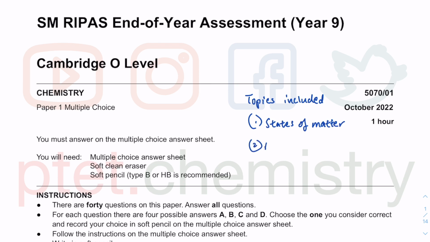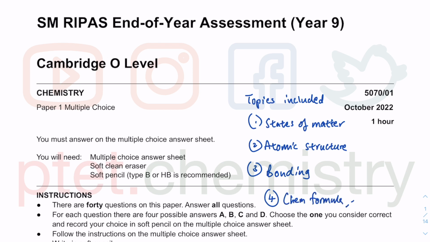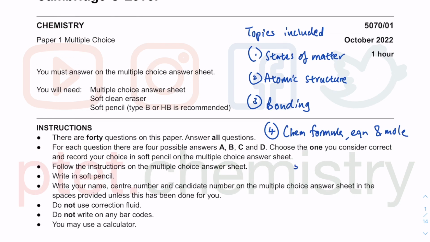And then we also have atomic structure, so counting the protons, electrons, and neutrons. We have bonding, we have chemical formula and equations, so those are to do with the mole concept. And last but not least, we also have experimental techniques as well as qualitative analysis, so QA.